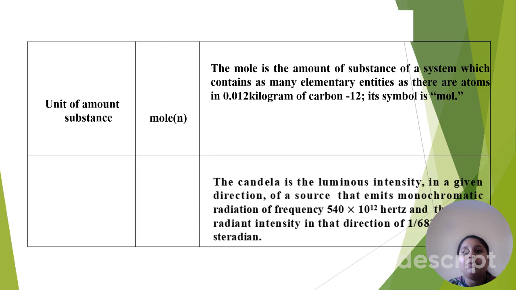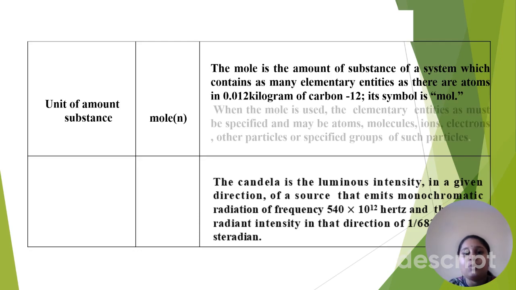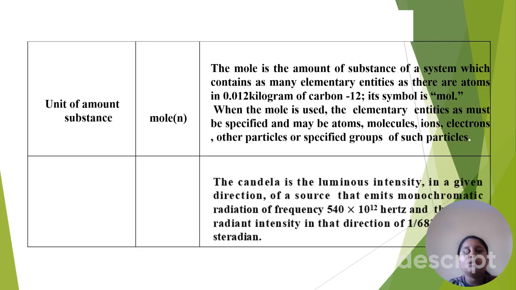Mole is the amount of substance of a system which contains as many elementary entities as there are atoms in 0.012 kilogram of carbon-12. Its symbol is mol. So when mole is used, the elementary entities must be specified and may be atoms, molecules, ions, electrons, other particles or specified groups of such particles.